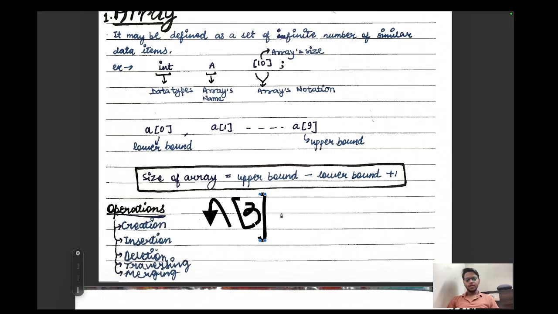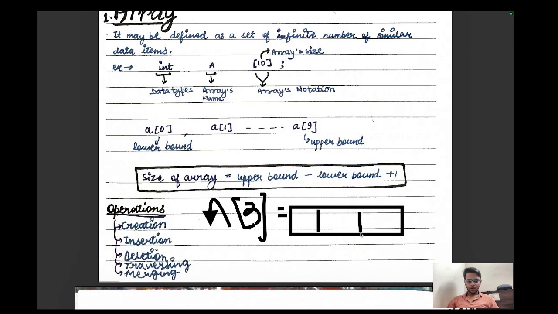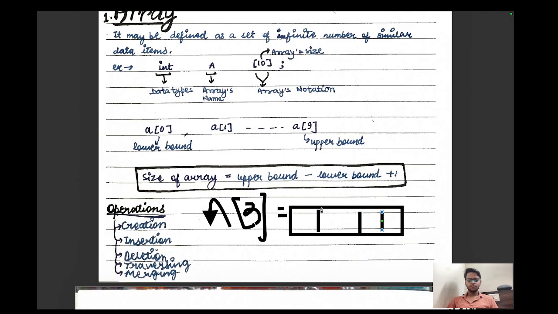So in the main memory, you will see that the array will be allocated like this, and three partitions will be there in this memory: zero, one, and two, and this is the third one, right?